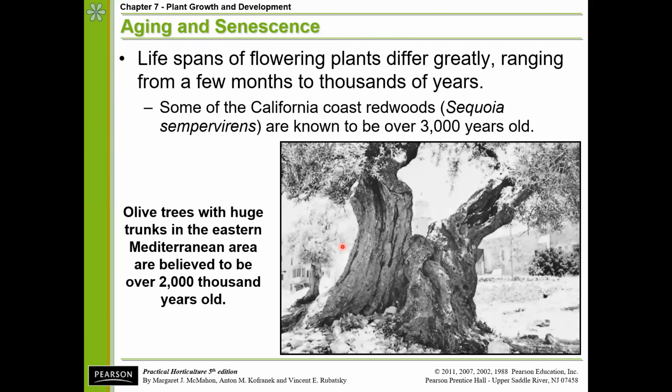There's all kinds of different life cycles, or lifespans, I should say, of plants out there, ranging from trees like the Methuselah, which is, I guess, supposedly one of the oldest trees on the planet. They've found it to be well over 3,000 years old, to olive trees in the Mediterranean that were planted that are believed to be 2,000 years old. Of course, the annual plants that only live a year.